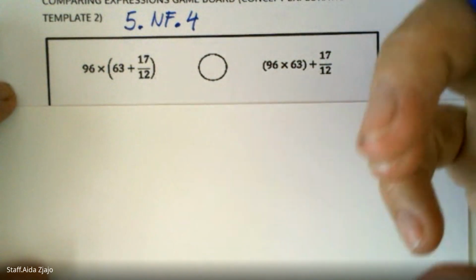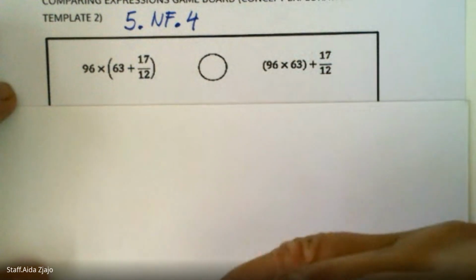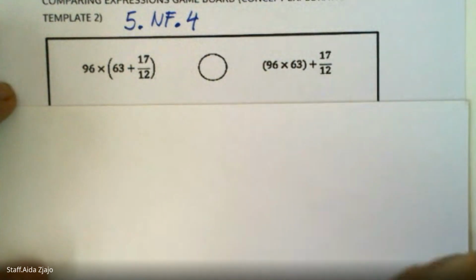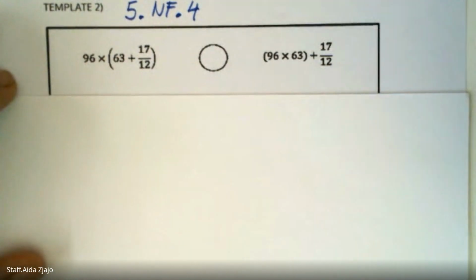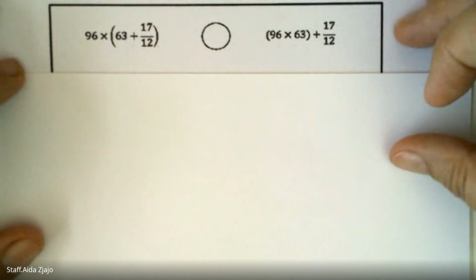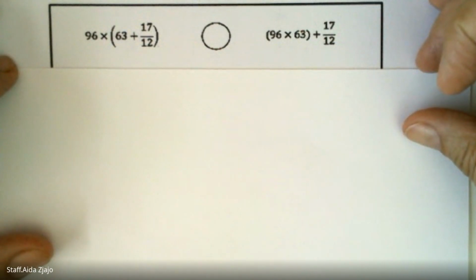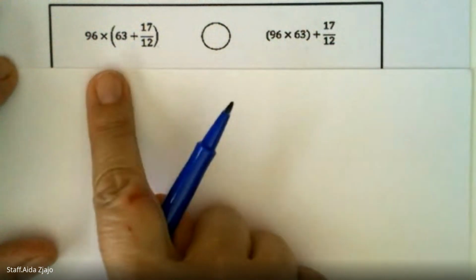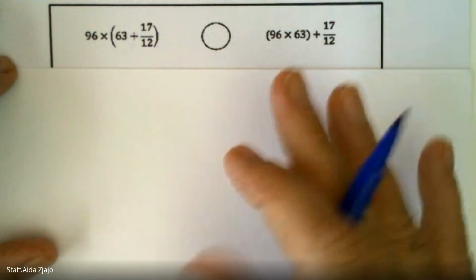So we're going to compare the size of a product to the size of the factors, and we will not do any calculation. We're just going to use logic, comparing the factors that we're dealing with.